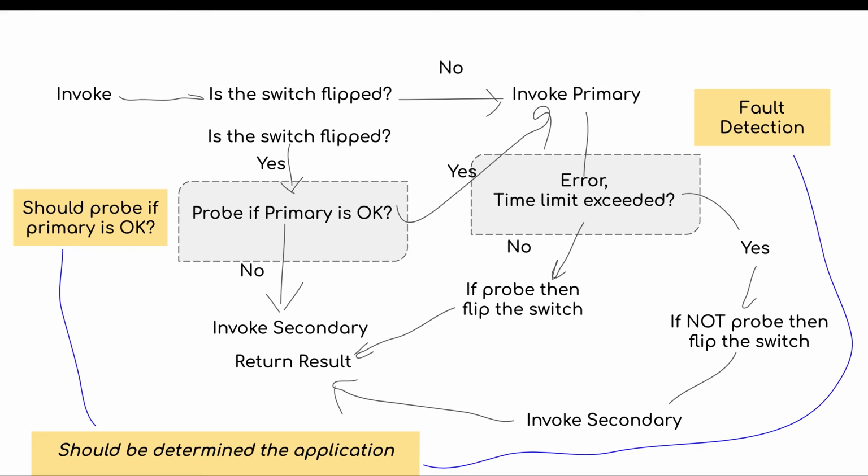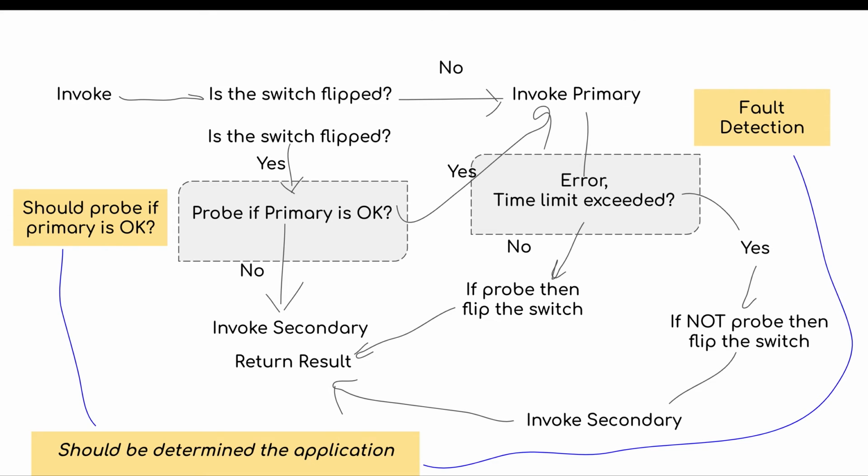Now there are two important aspects here which I believe should be in the control of the application that's using the circuit breaker library. One is fault detection. What's considered a fault could be very application specific.